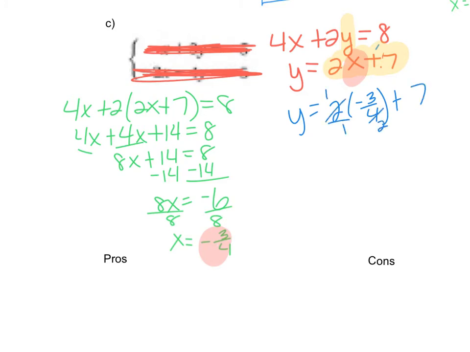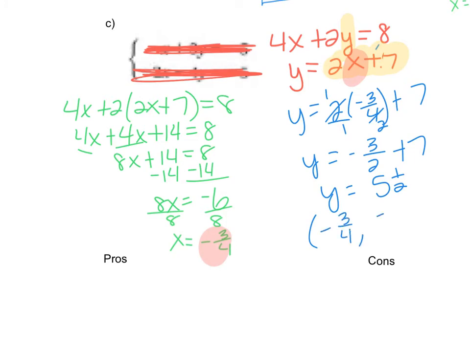So that becomes -3/2, which is like -1 1/2, plus 7. So that would give you 5 1/2 for your y. So your coordinate would be -3/4, comma, 5 1/2.